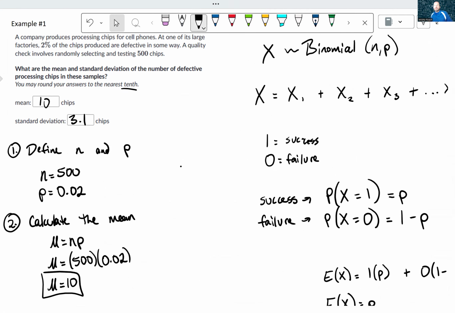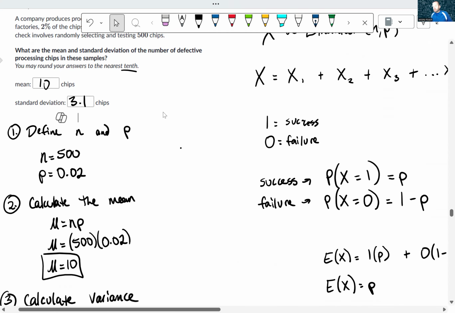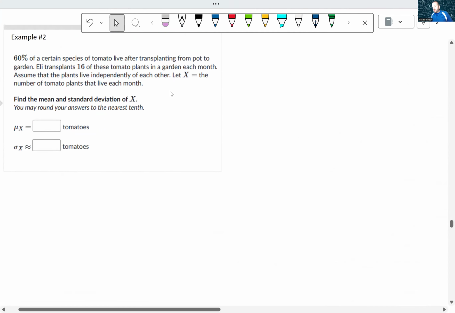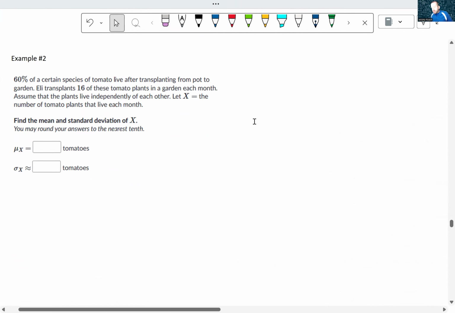All right, let's take a look at one more. I think it's essentially the same type of problem, but we'll just do one more example here. 60% of a certain species of tomato lives after transplanting from pot to garden. Eli transplants 16 of these tomato plants in a garden each month. Assume that the plants live independently of each other.